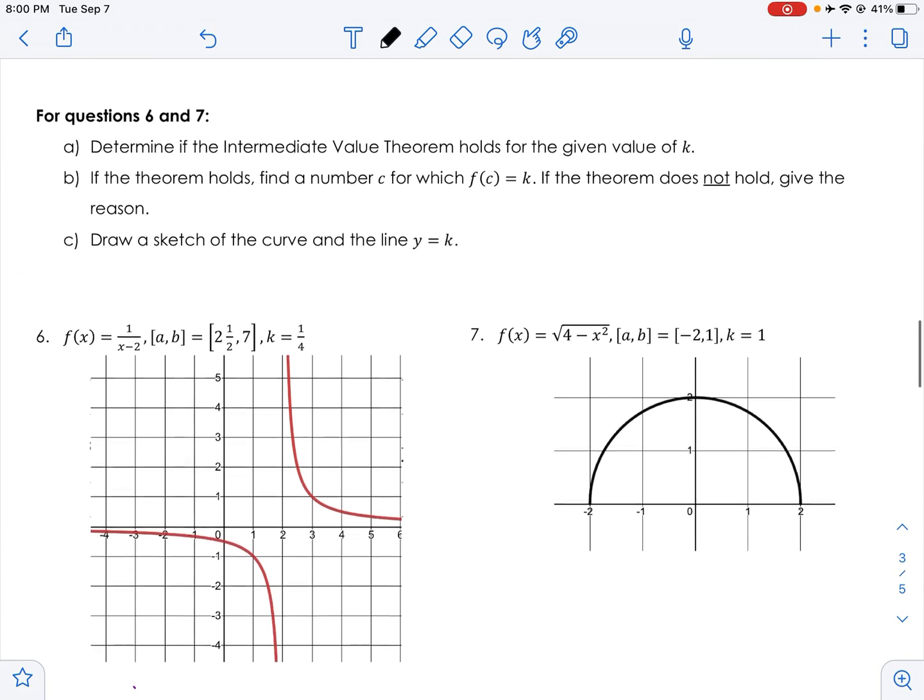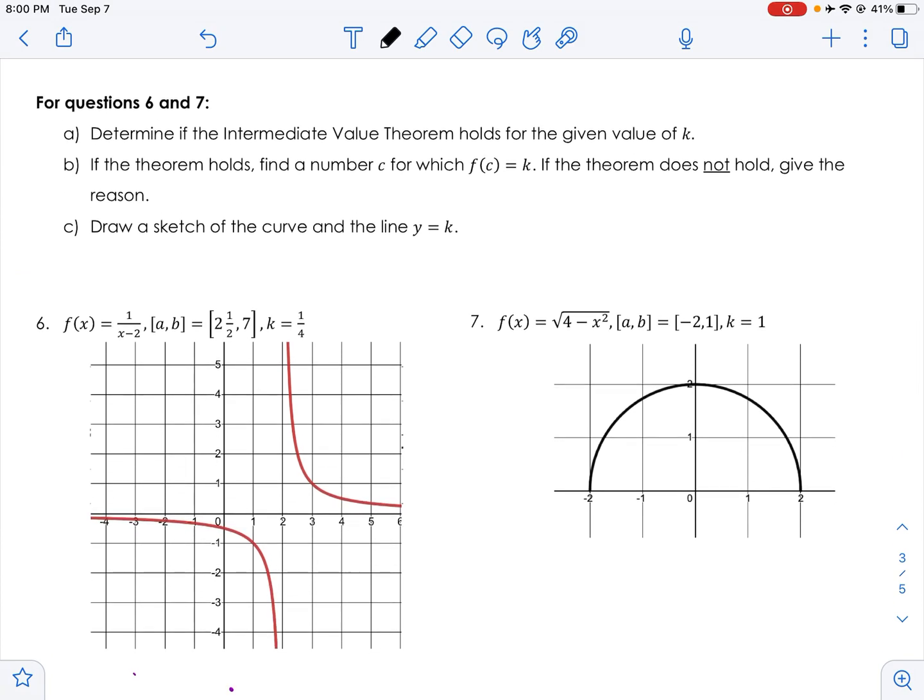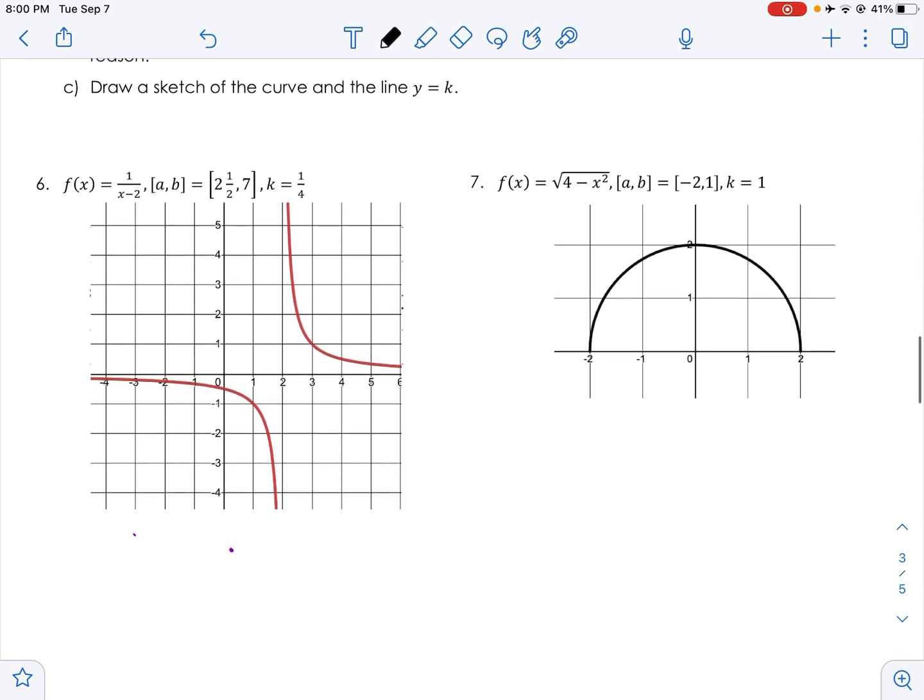Okay, so number 6 and 7, we're going to answer these 3 parts to our question. Determine if the intermediate value theorem holds for the given k value. So to determine that, we know that f of x equals 1 over x minus 2. Our interval a to b is 2.5 to 7. And our k value that we want to see if it holds true is 1/4.